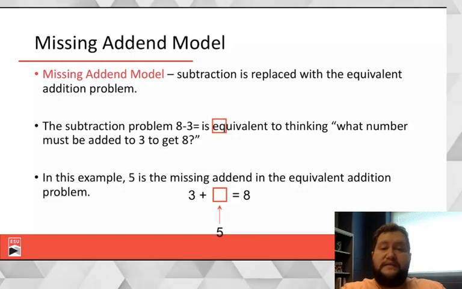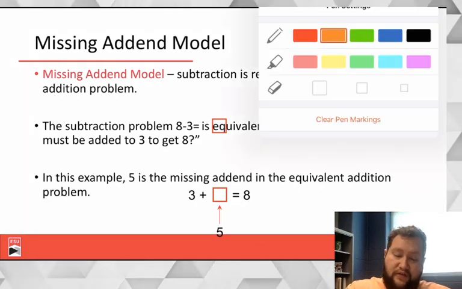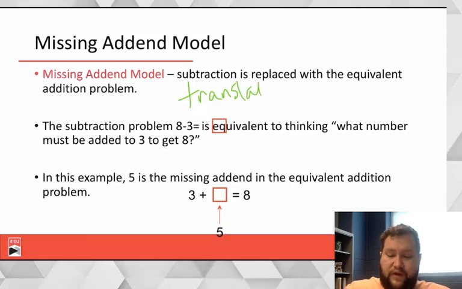And so in this example, the missing addend is 5 because 3 plus blank, or 5, equals 8. And so we can convert, or I'll use this word, translate subtraction into addition.